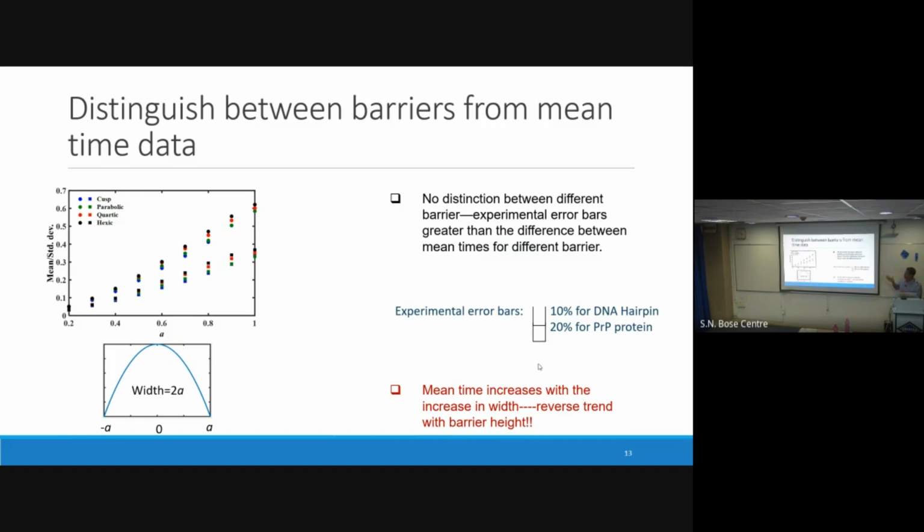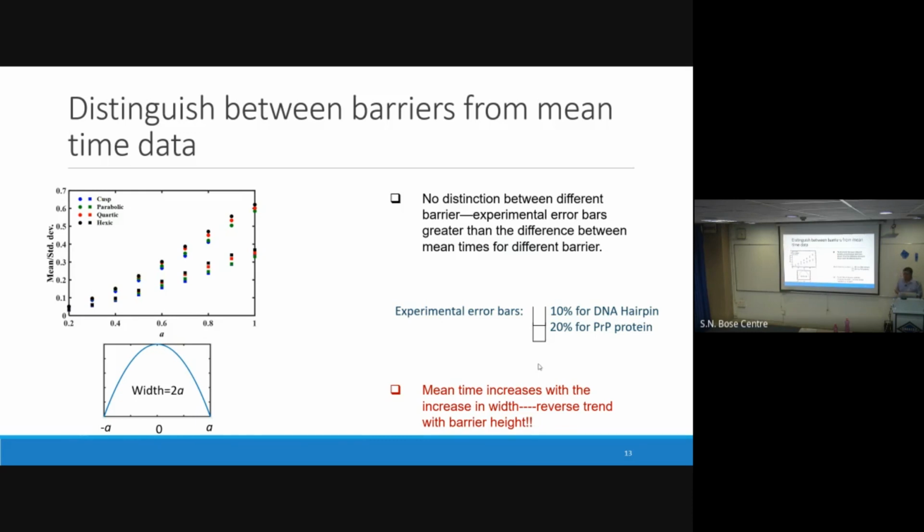The mean is represented as a circle, and the standard deviation as a square. For all the barrier cases, we varied the width, shown below as the width of the transition path, 2a, from minus a to a. If a is 1, we cover the full transition path. If a is less than 1, we do not cover the full transition path.